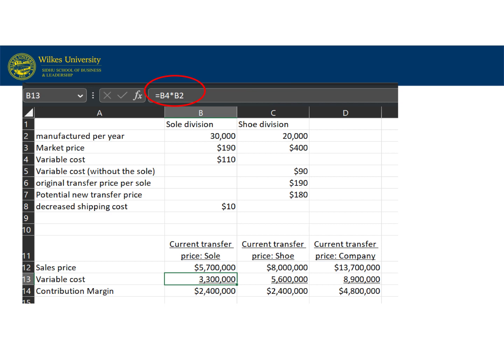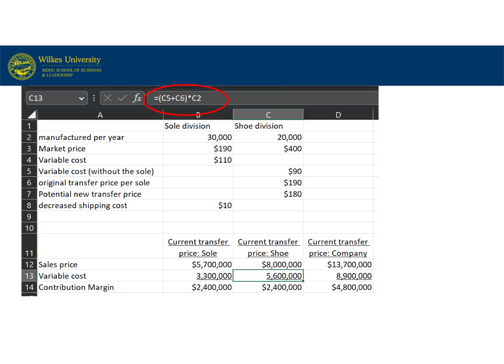Since the company sells everything it manufactures, the sales are simply the number manufactured times the market sales price. The variable cost for the sole division is the $110 per unit. For the shoe division, we have to add the variable cost without the soles of $90 plus the transfer price of $190.